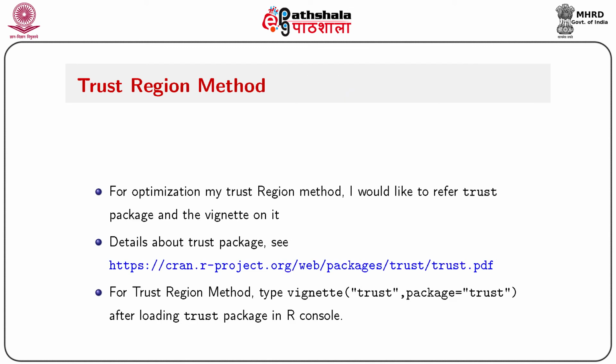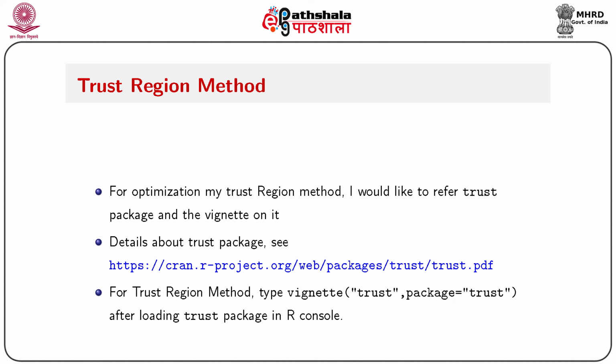The final method is the trust region method, though I don't discuss much here, but I'll give some references where you can get sufficient documentation for further knowledge. For optimization by the trust region method, I would like to refer to the trust package and the vignette on it. You can get the vignette through these locations.